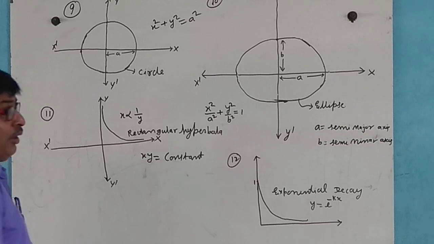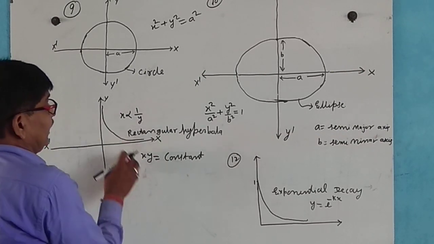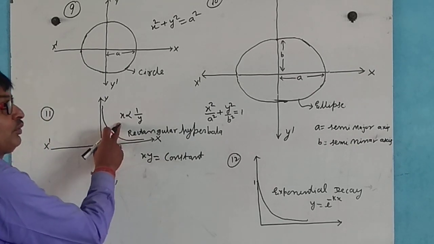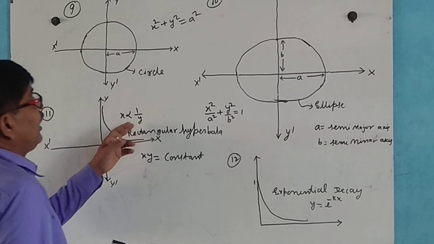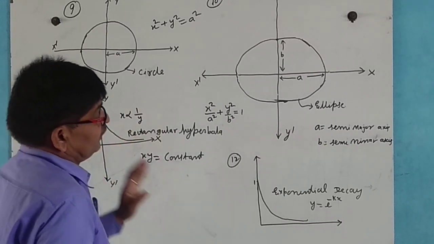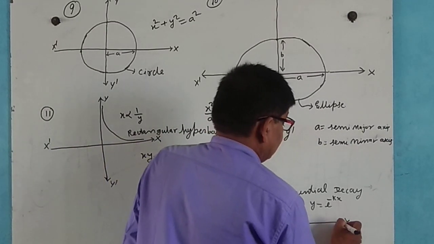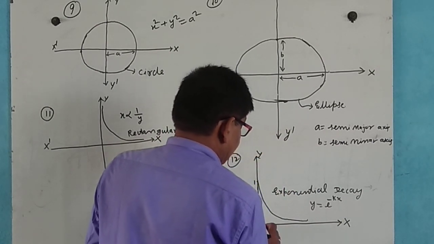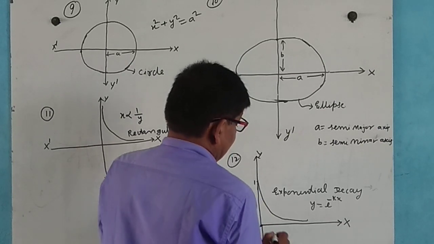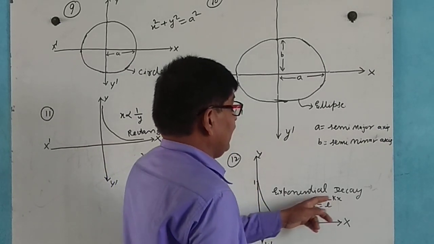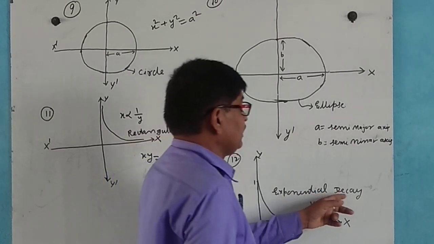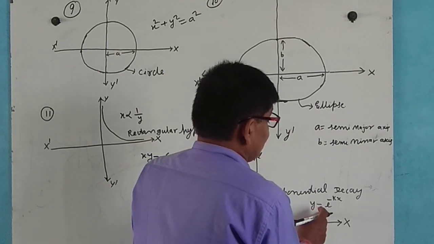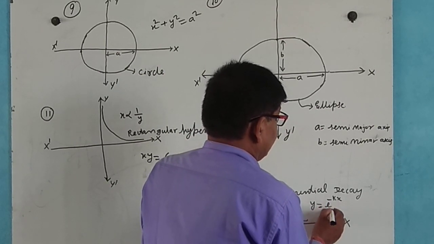In this case, the product of x and y is always constant, and x is proportional to 1 by y, or y is proportional to 1 by x. But here, this curve is known as exponential decay, and y is equal to e के power minus kx.